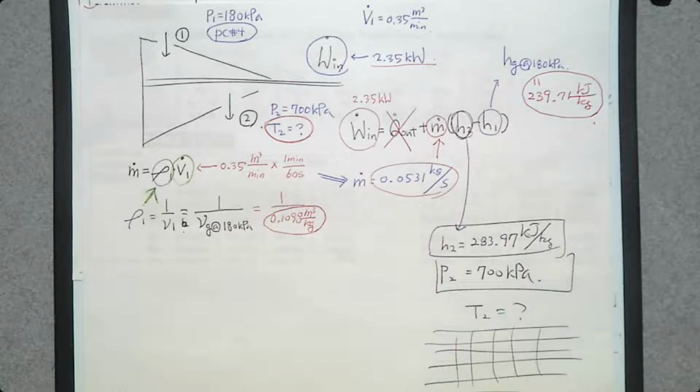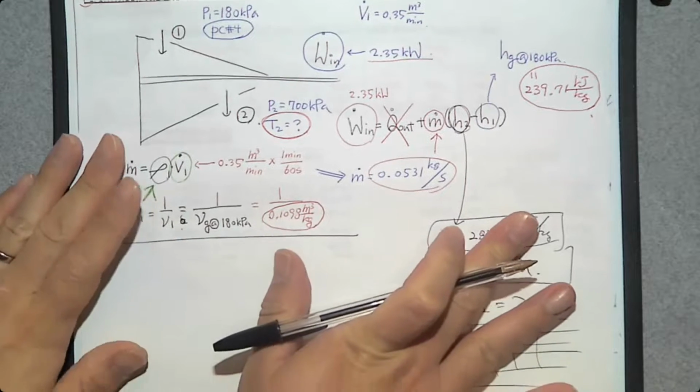So to determine temperature, we need to know what? The phase change process. Oh, isn't it saturated vapor? Not anymore. It was saturated vapor at the inlet, not at the exit. So we don't know the phase change process at the exit. So to determine it, what we need to do?